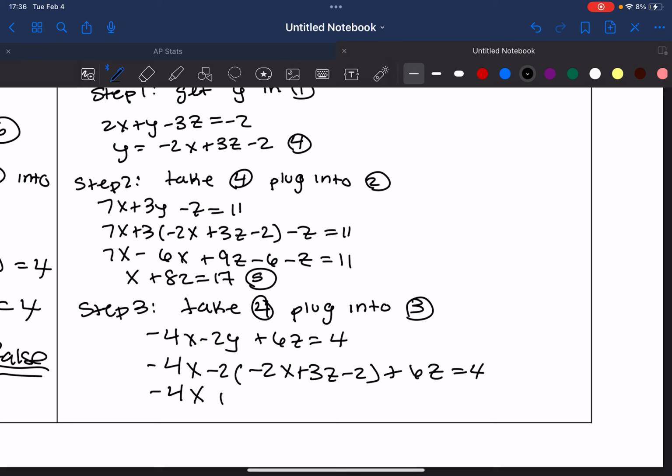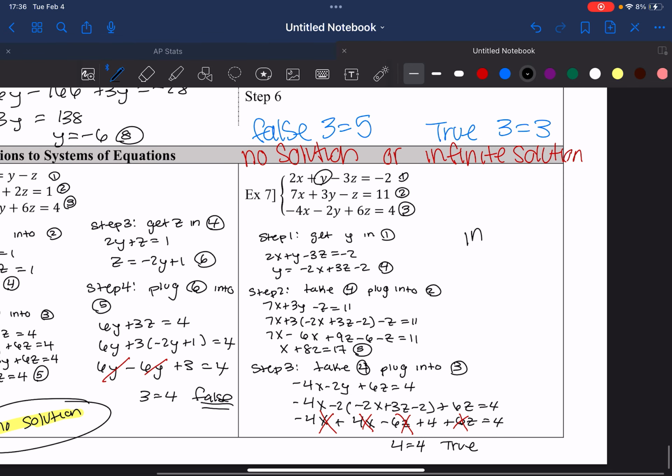Negative 4x plus 4x minus 6z plus 4 plus 6z is equal to 4. My x's and my z's cancel out. And so I'm left with 4 is equal to 4, which is a true statement, which means my answer is infinite solutions.